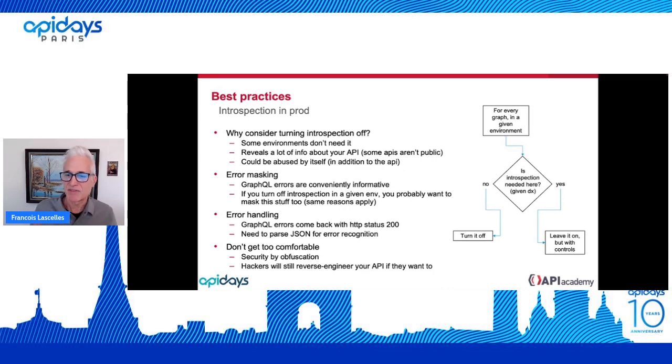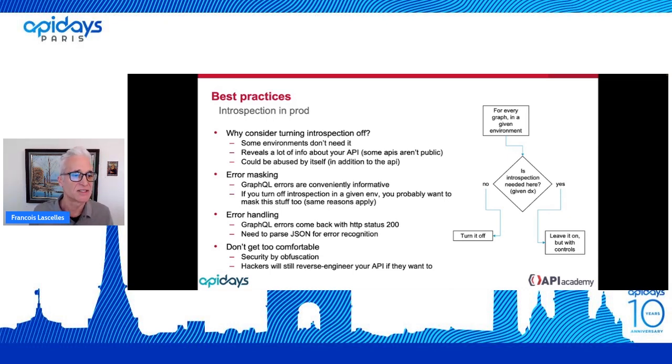If the answer to that is no, then you should definitely turn off introspection. And if the answer is yes, we do actually need introspection here, leave it on, but you can still have controls around it. If there's, for example, authentication applicable to your GraphQL API, you can make that authentication a requirement for the introspection to flow as part of your gateway policy.